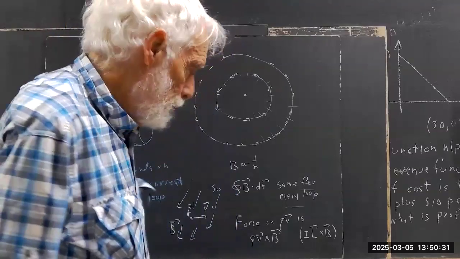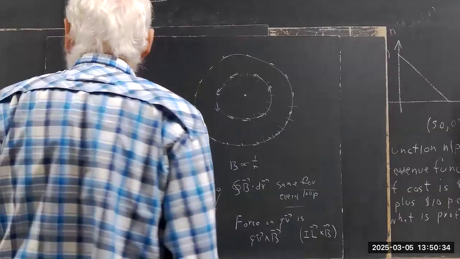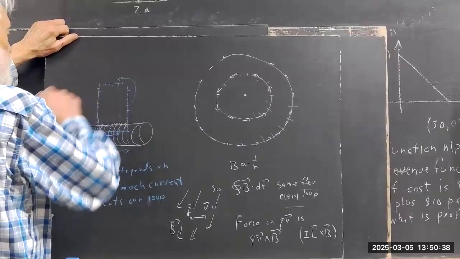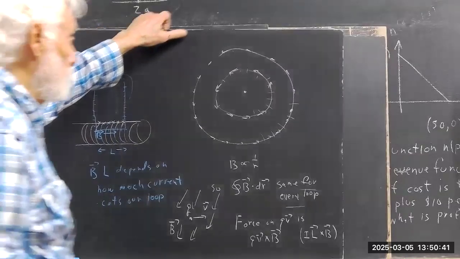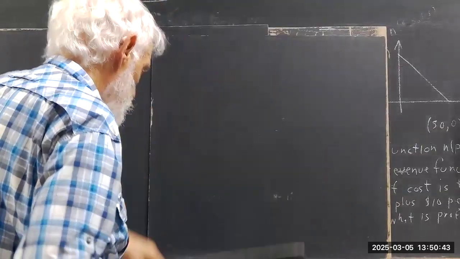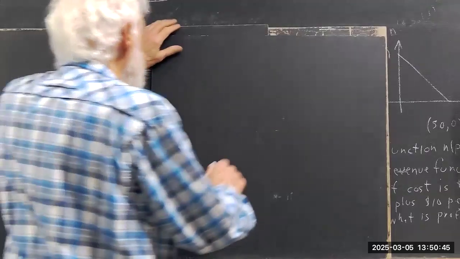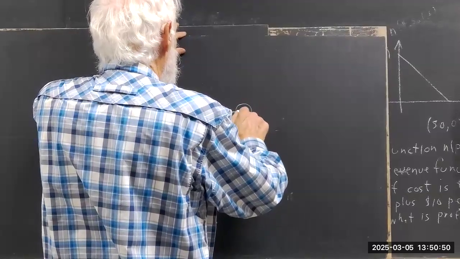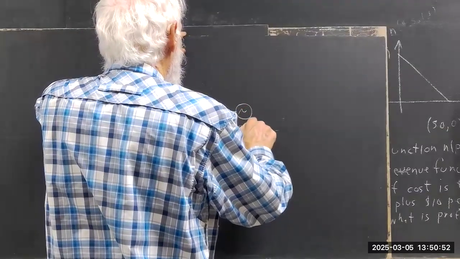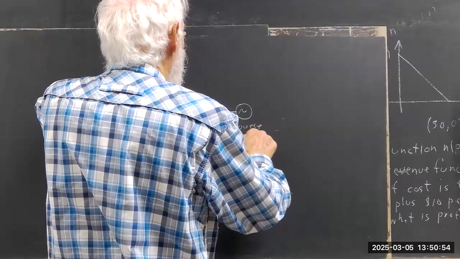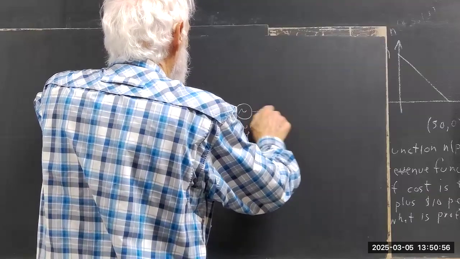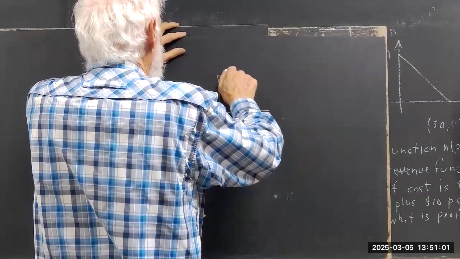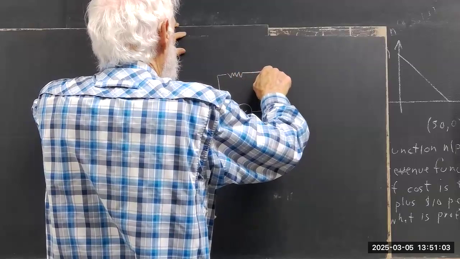Last thing we want to maybe think about is, I wanted to mention this. If you've got a circuit, you've got some kind of a power source, and some kind of a resistance here.